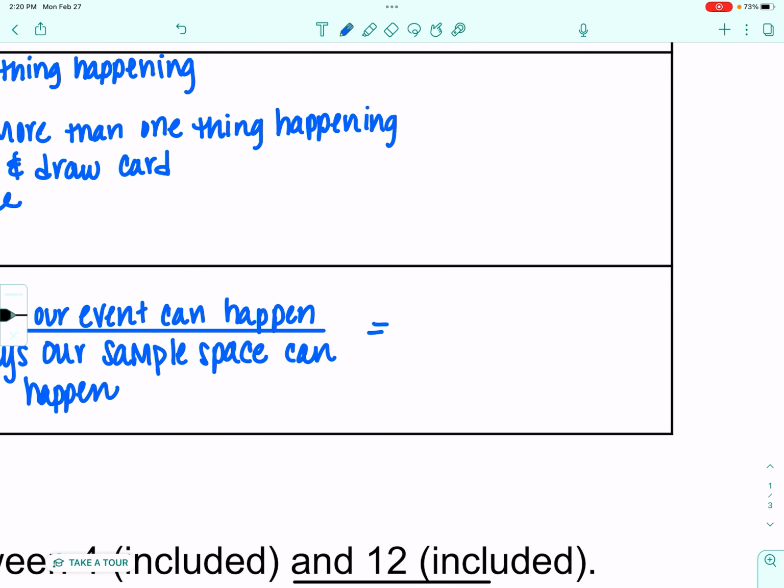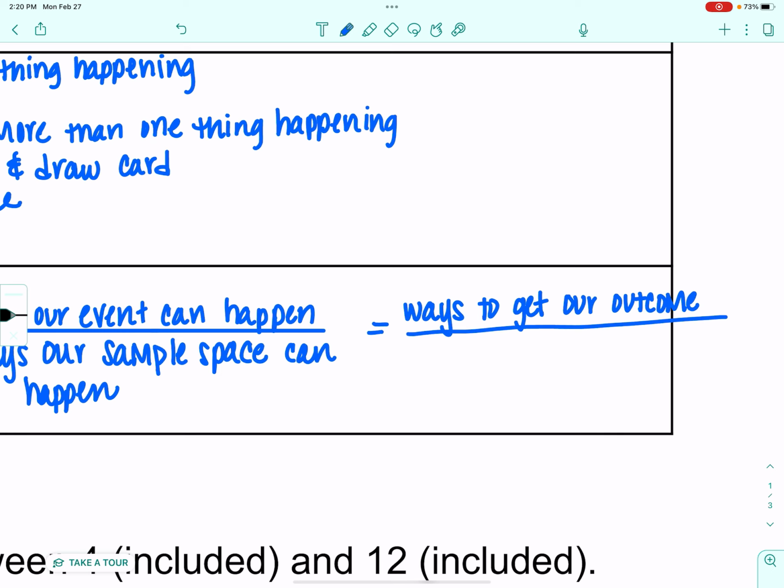Another way to look at it might be ways to get our outcome divided by total outcomes.